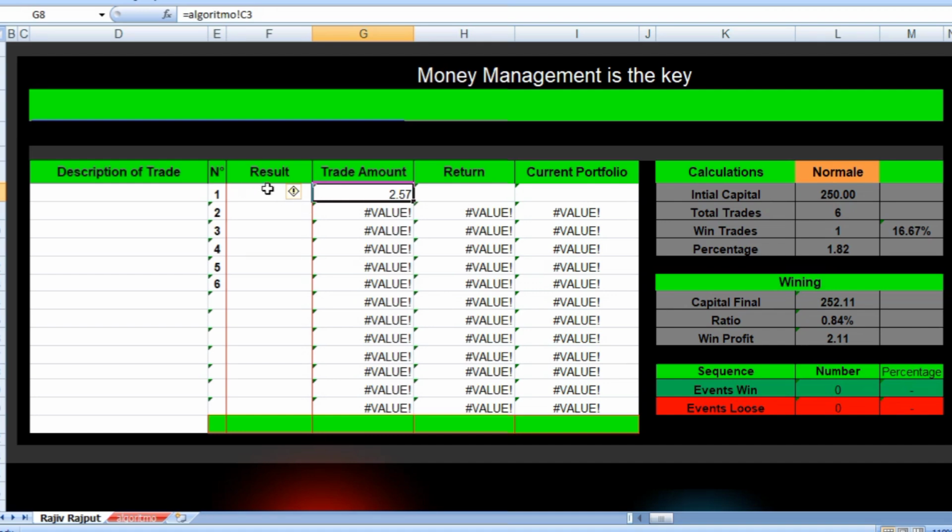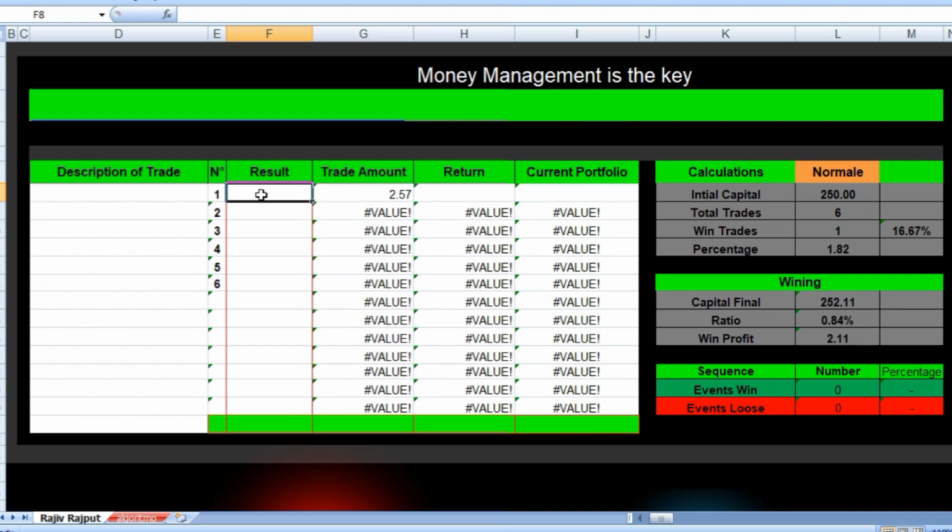This is our first trade amount, which is $2.57. And on the result row, you have to fill the result of your trade, whether it's a winning trade or a losing trade. Just be honest and fill the result here as it is.